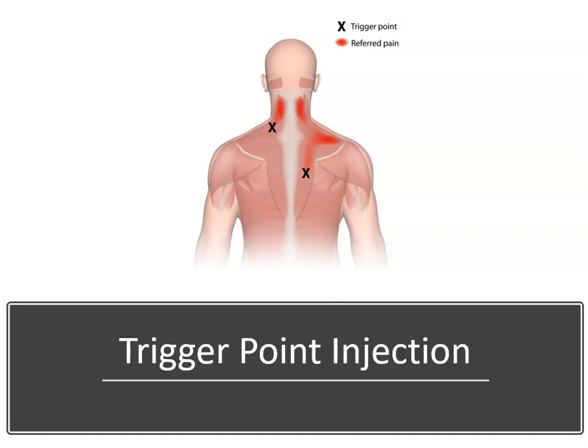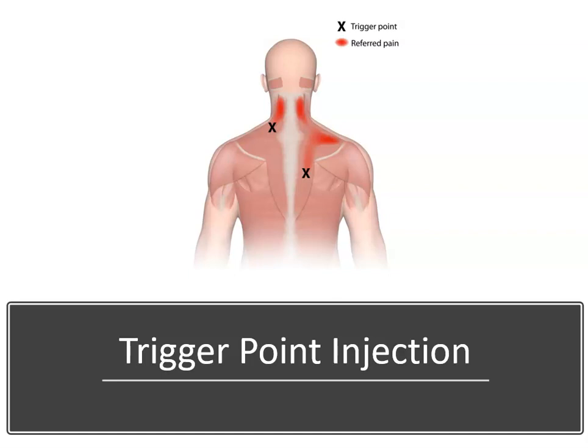So with these codes, 20552 is where your trigger point codes begin. You'll notice that the first code is divided by 1 or 2 muscles. And the second code is divided by 3 or more muscles. And I also want you to notice that it has the word injections, in parentheses, muscles. So what that's telling you is that they can do several injections into 1 or 2 muscles, and that's 20552.